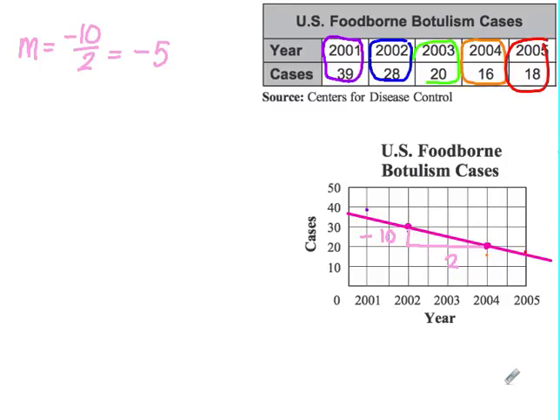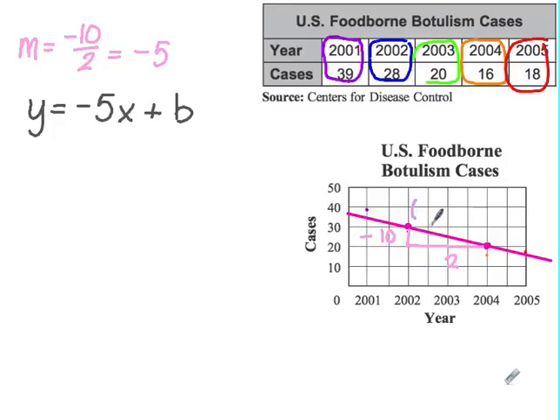So now, if we remember, I've got my slope. The very first thing I'm going to do is go to slope-intercept form. So y equals negative 5x plus b. Now I need to find a particular point that the line goes through. I'm going to pick either the first point or the second point. It doesn't matter which one. I'm just going to pick the first.